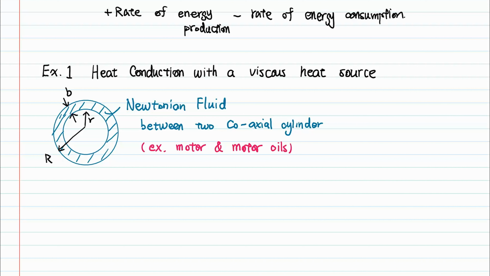Okay, so what's going to happen here is that the outer cylinder is going to be rotating at an angular velocity omega. So omega would be our angular velocity.